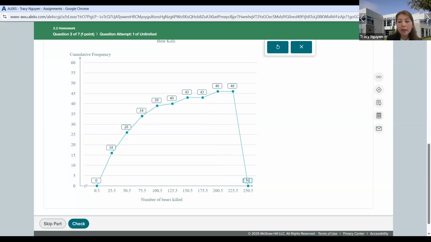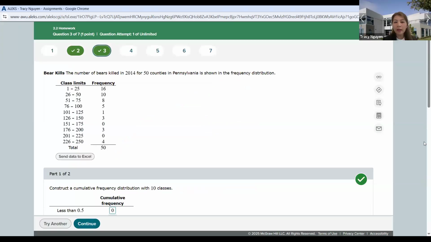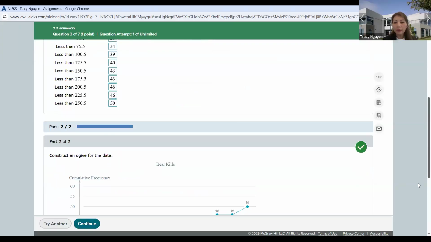Now for an ogive, because we use the cumulative frequency, it starts at 0, but it doesn't close at 0. It doesn't drop down like a frequency polygon. Okay, and that's it. That's what we have for the ogive graph, and we do get a green check mark.